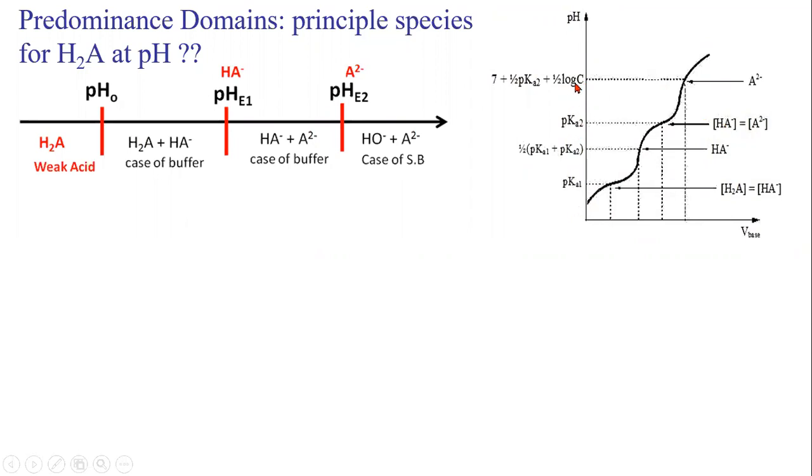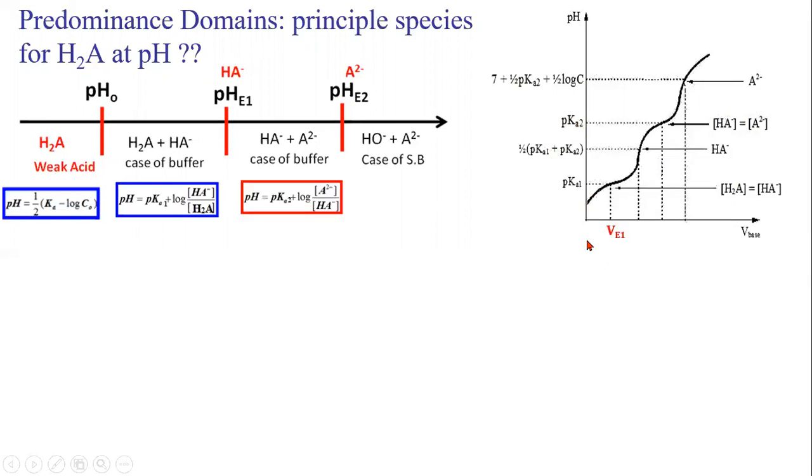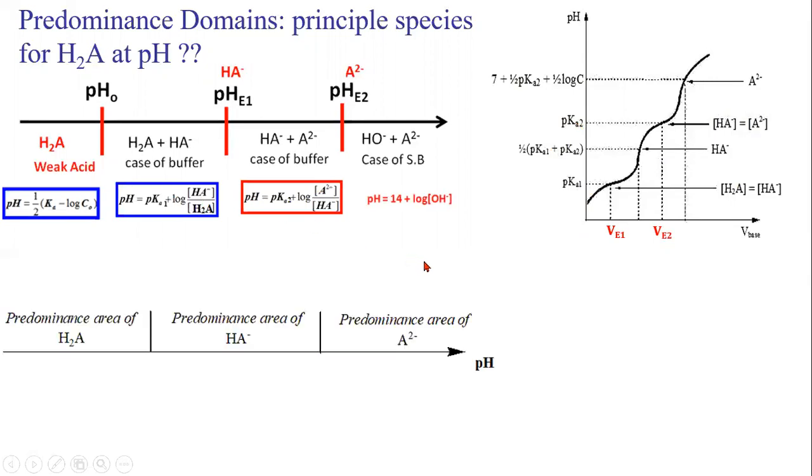So as my pH changes, the species that I have in my solution changes. All right. So instead of doing this vertical pH diagram, we can have a horizontal pH diagram.